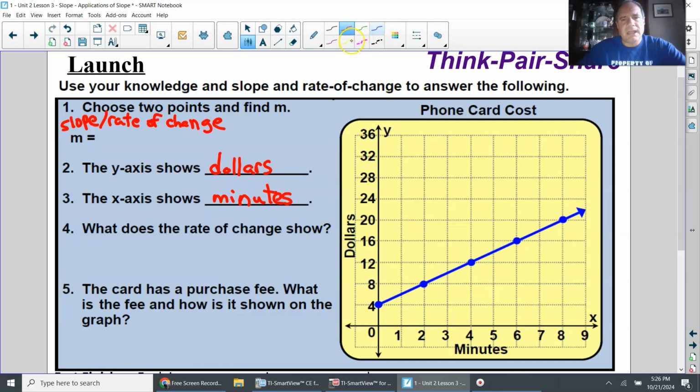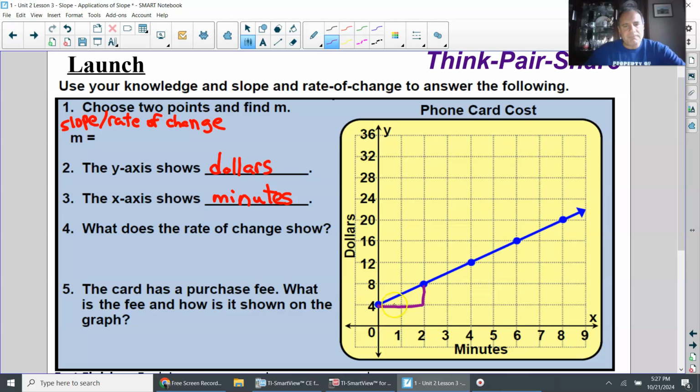I'm going to go ahead and choose this point here and this point here. Remember, you could choose any 2 points. When the points are closer together, it's better because you don't have to reduce the fraction at all. And also picking points that are further apart might lead to counting wrong or making a mistake.